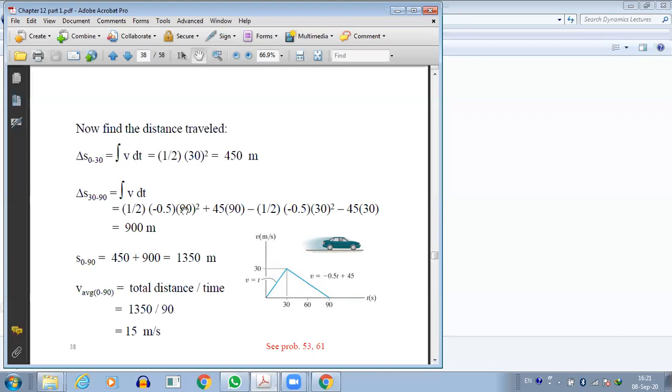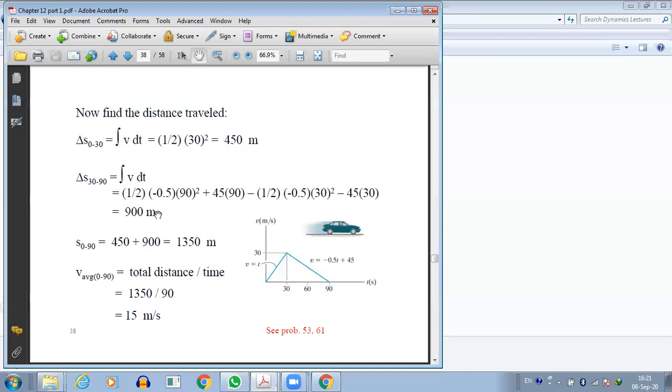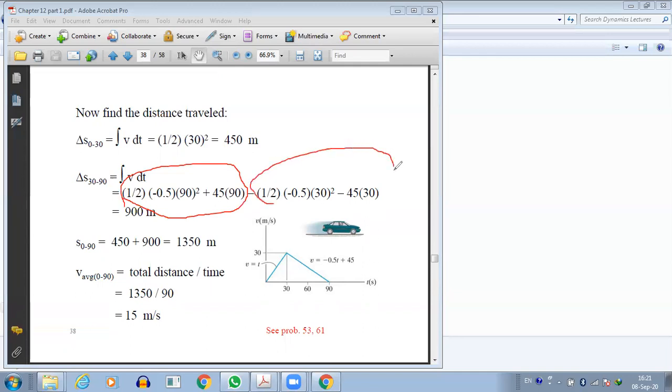And for the second part, I have negative 0.5 t plus 45. If I substitute here, it becomes negative 0.5 t square upon 2 plus 45 t. This will be when I apply t as 90, minus the value when I apply t as 30, when I apply the limits.